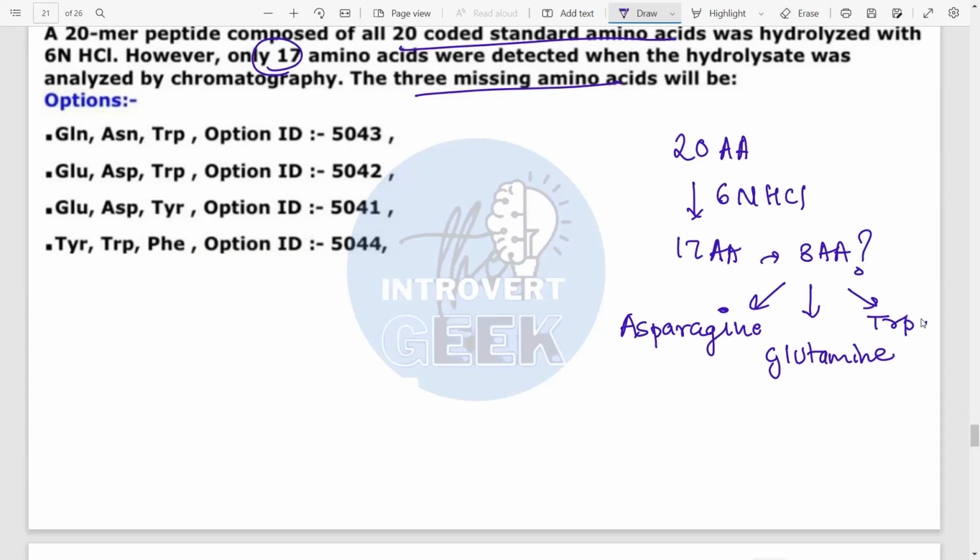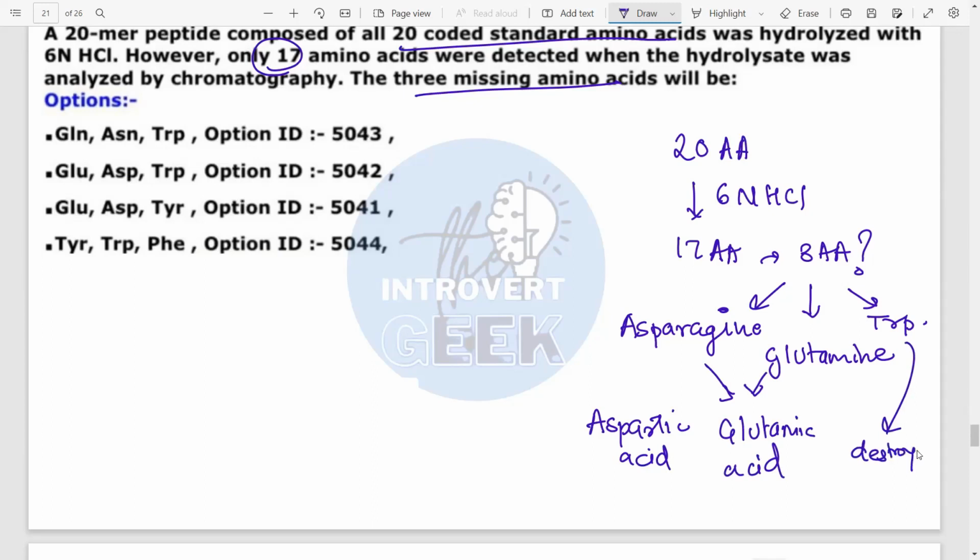Because when you treat it with 6 normal HCl, asparagine gets converted into aspartic acid and glutamine gets converted into glutamic acid. So you don't detect them as asparagine and glutamine; rather they get mixed with the aspartic acid and glutamic acid. Whereas tryptophan is completely destroyed by the 6 normal HCl and therefore it's not detected at all. So your correct option is glutamine, asparagine, and tryptophan.